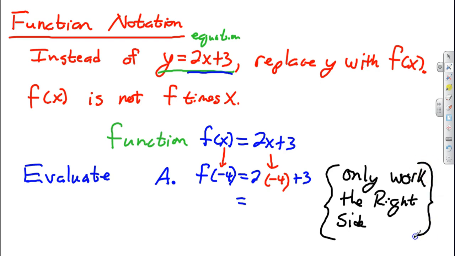The left side is basically just saying, all right, I plugged in negative 4, and this is saying, here's what happens when I plug in negative 4. Here's the answer I'm going to get. So the left-hand side is just the notation part. You only work the right-hand side of it here. So 2 times negative 4 is negative 8. Negative 8 plus 3 is negative 5. And that's the answer that you're looking for.